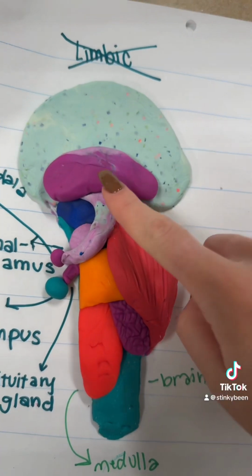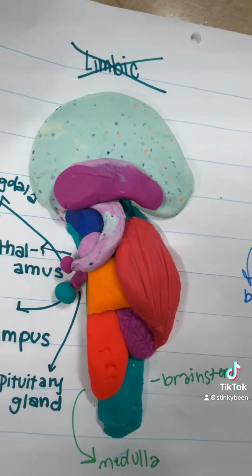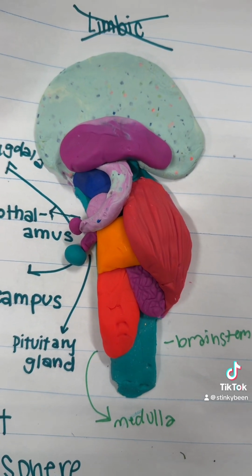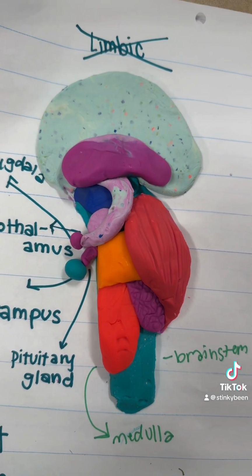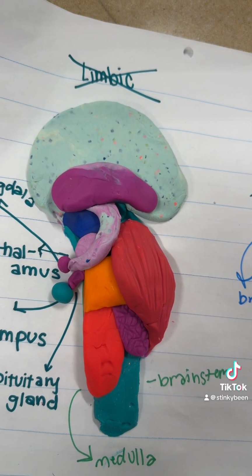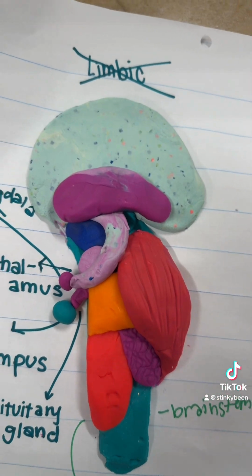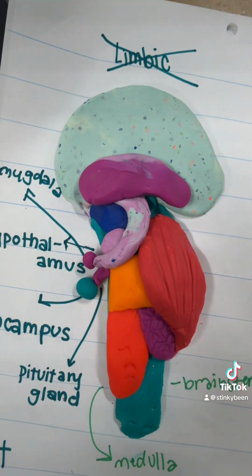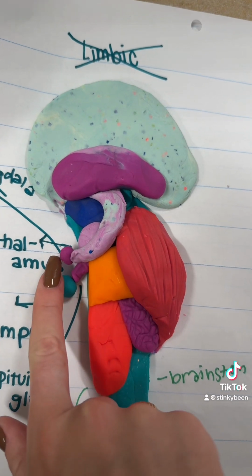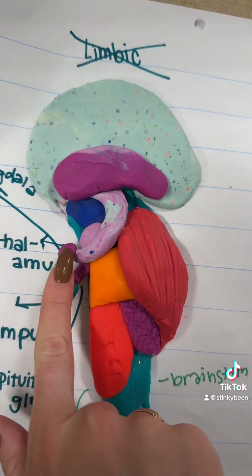It also controls your appetite, whether you're hungry or thirsty. This is the hippocampus, which is involved in the encoding of memories. It has to do with implicit memories. Encoding basically means transferring memories from the short to the long term, so the hippocampus is super important with that. Attached at the end of the hippocampus is the amygdala, this little piece right here.